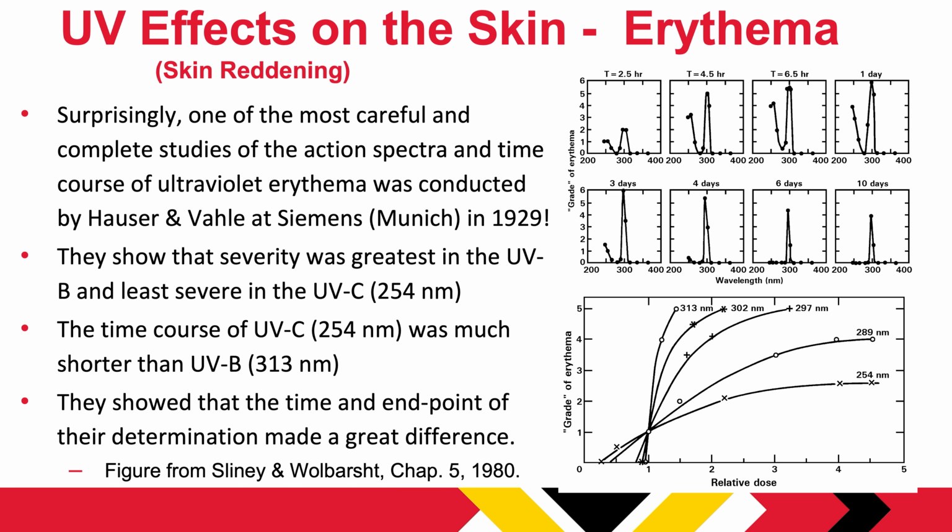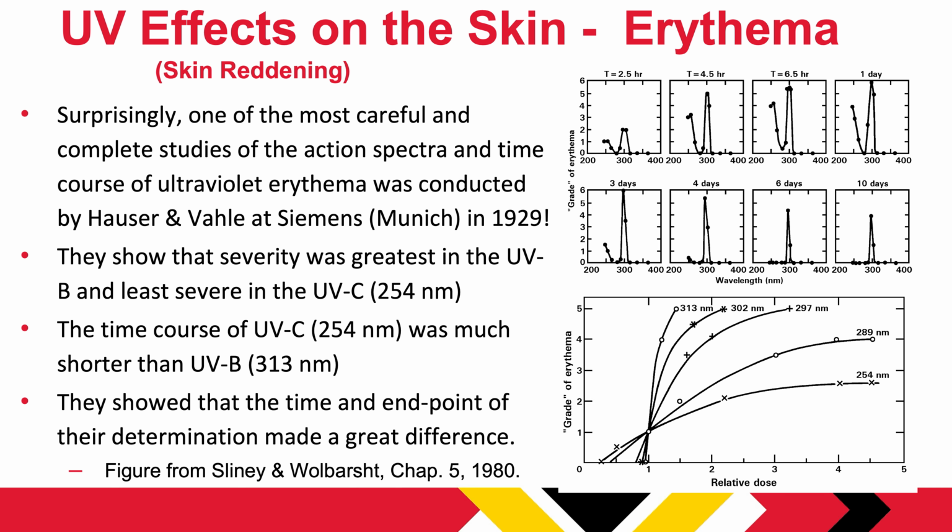Then we go to 6.5 hours in one day, and you see how the action spectra is changing depending upon when they assess the reddening of the skin. And after a few days, the effect of UVC has pretty well gone away, but they can still see a significant reddening of the skin at 4 days, 6 days, 10 days after wavelengths around 313 nanometers.